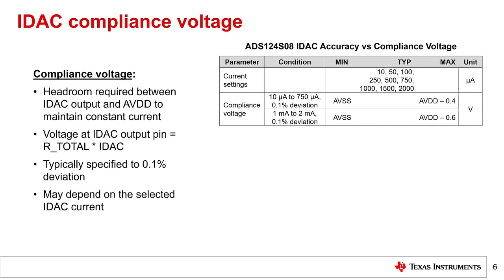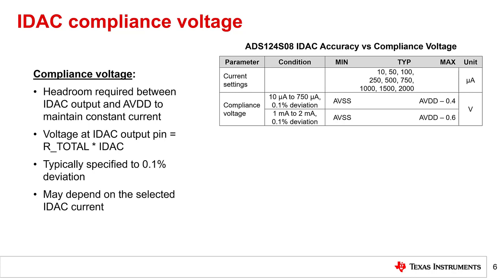Note that these IDACs require a minimum of 400 mV of headroom between the IDAC output pin voltage and AVDD to maintain constant current. However, at output currents greater than or equal to 1 mA, the compliance voltage increases to 600 mV. In both cases, respecting the compliance voltage guarantees a maximum 0.1% deviation in the IDAC output current.